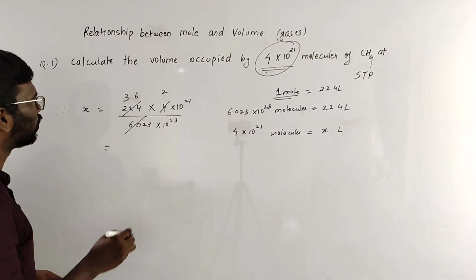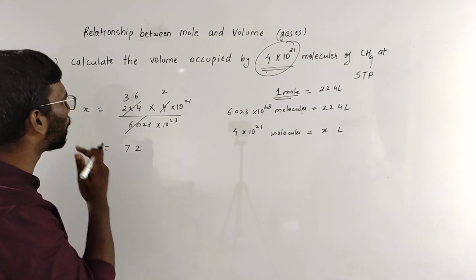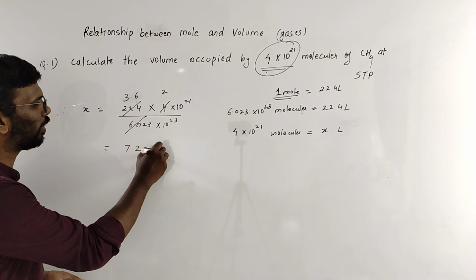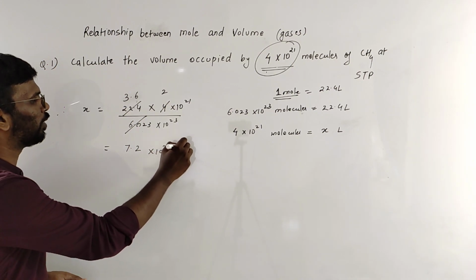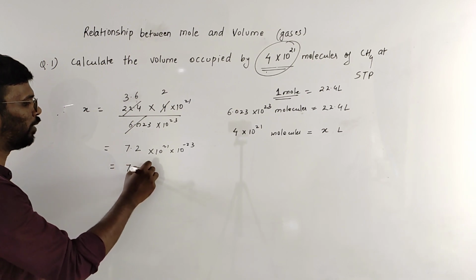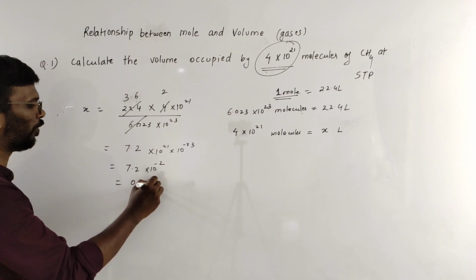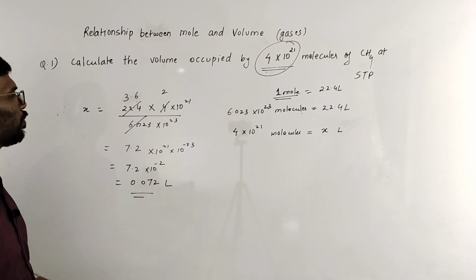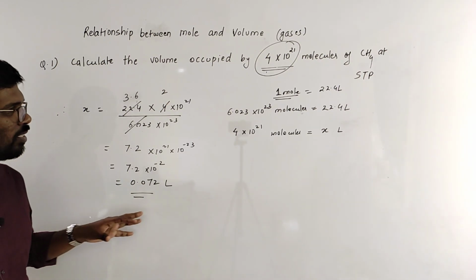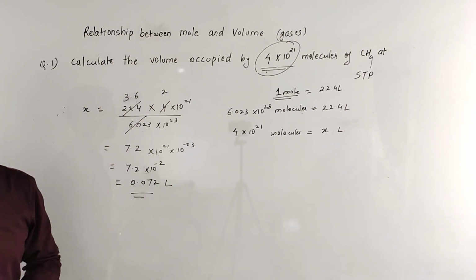How much is it? 7.2, right? 7.2 into 10 raised to 21 into 10 raised to minus 23. So this is 7.2 into 10 raised to minus 2, which is equal to 0.072 liter. This is the volume of the gas: these many molecules will occupy this much liter.